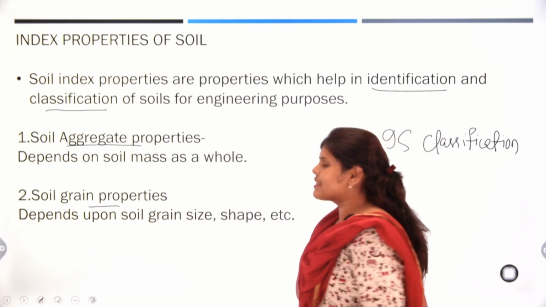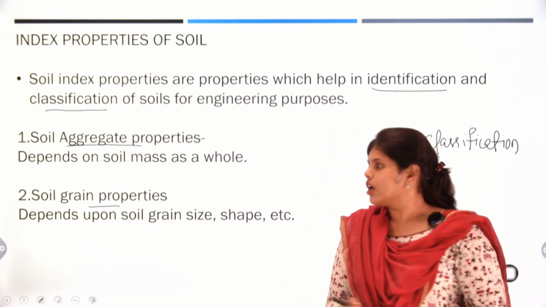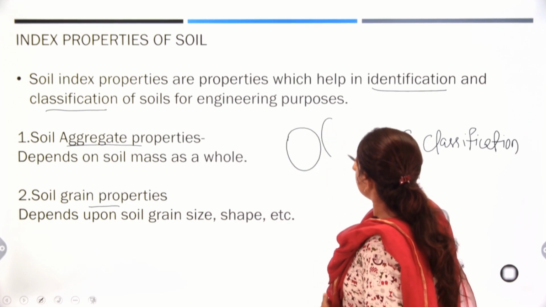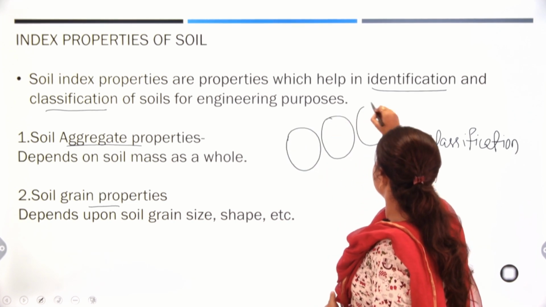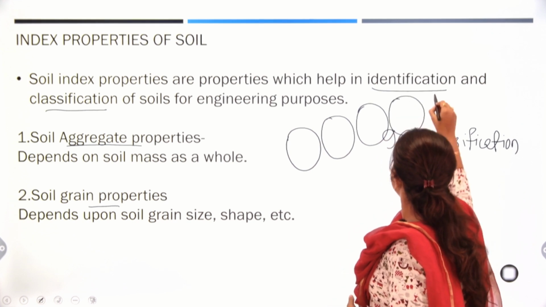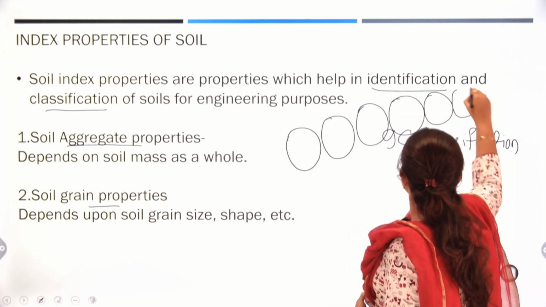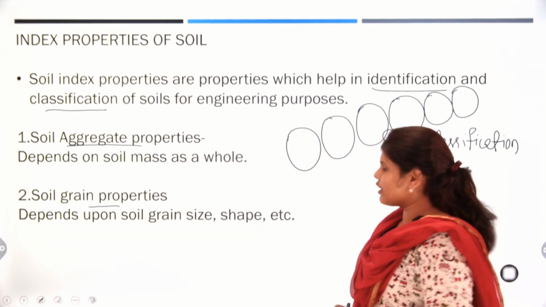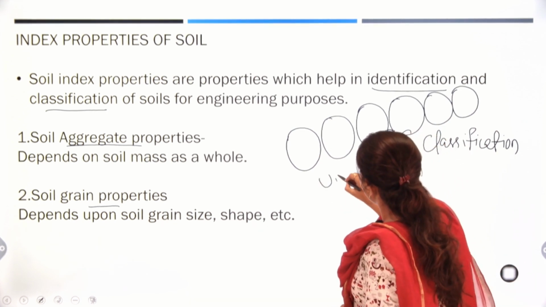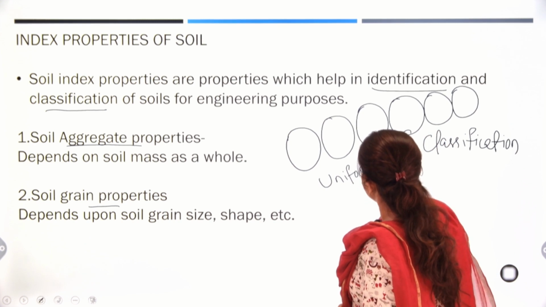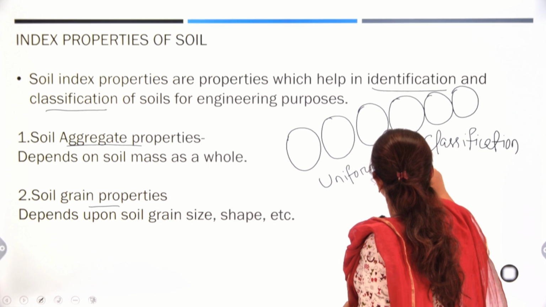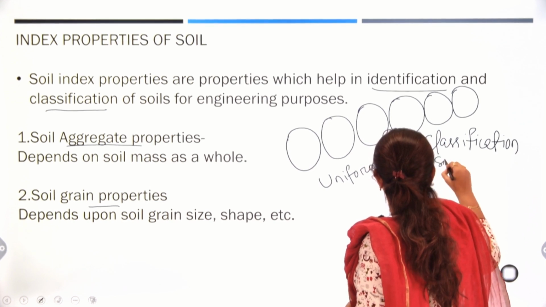If the soil sizes are similar, all the same, it is termed uniformly graded soil.